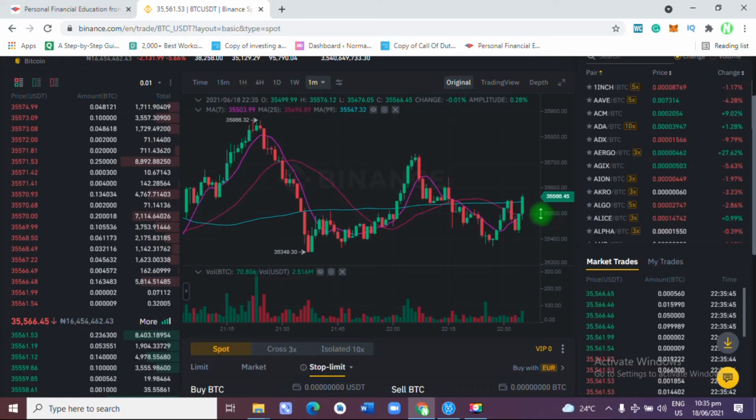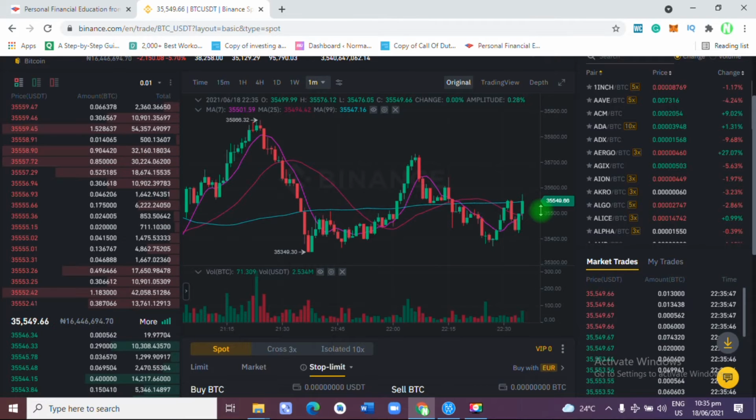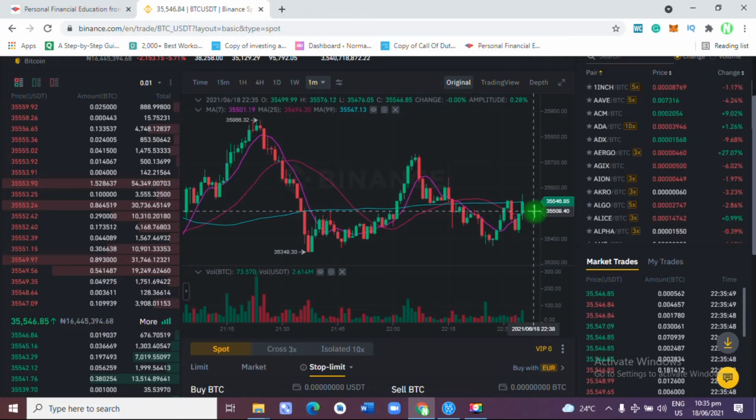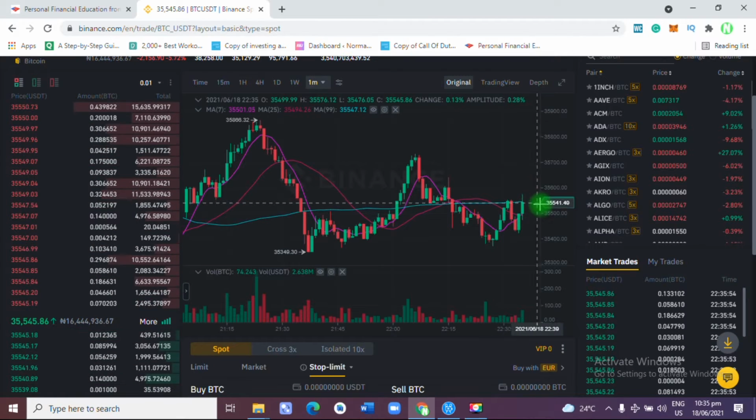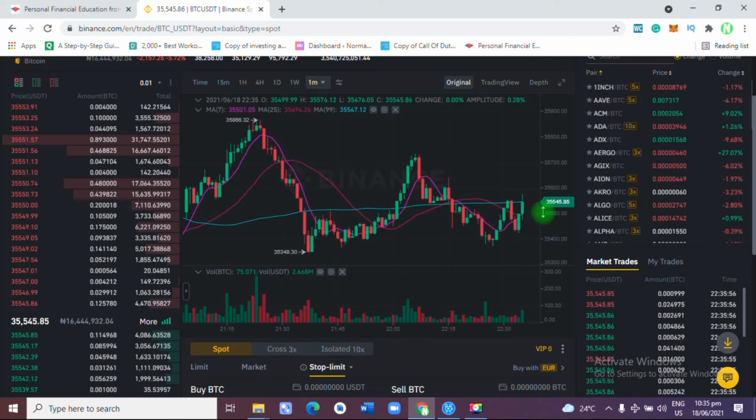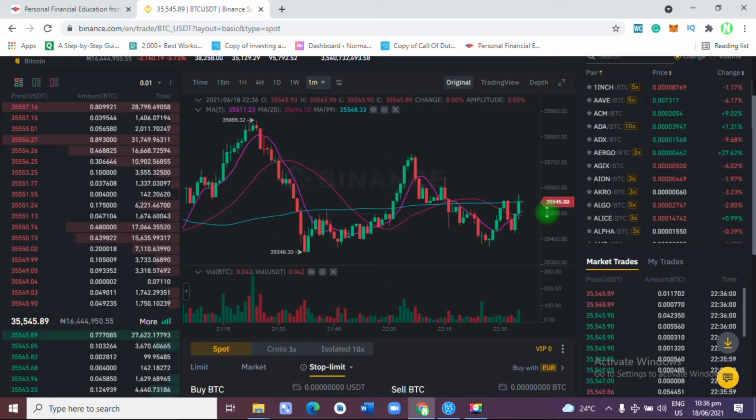If we do not want it to come below this price, we can use the stop limit to cut our losses. If we bought it somewhere here and we want to cut our losses at this point so that we do not lose too much, you use the stop limit to do that.